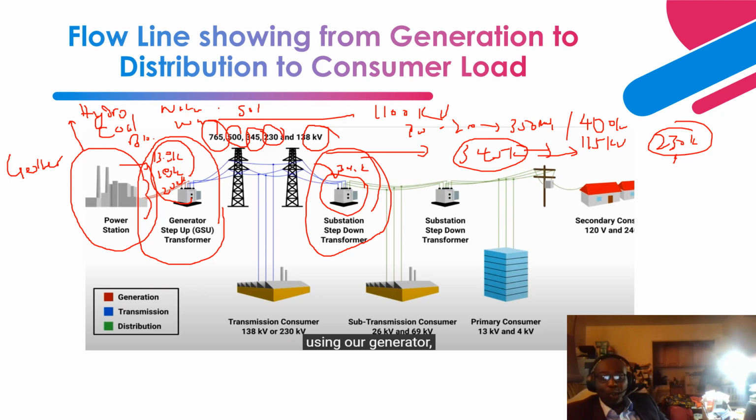So you are able to achieve 230 kV to transmit somewhere. You're transmitting that 230 kV to another area for it to go through a step down, let's say from 230 kV to 69 kV or 230 kV to 115 kV, again utilizing an auto transformer.